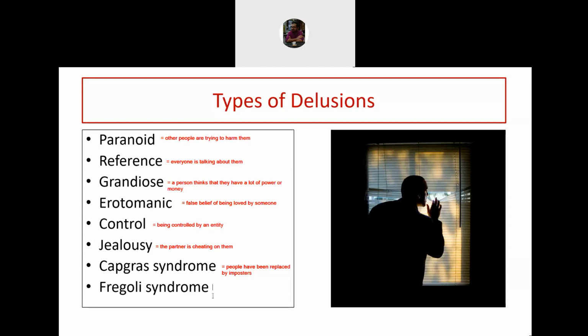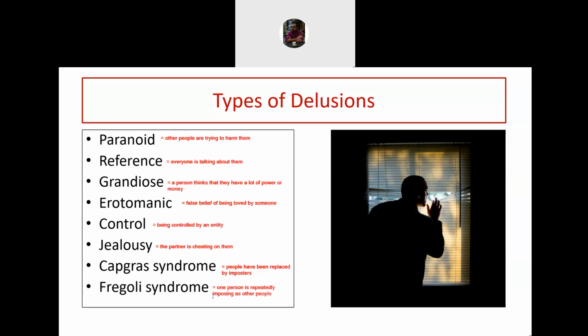So if that really happens, or if the person thinks that such a thing is happening, that is the Fregoli phenomenon. The person thinks that one particular person or a group of people are repeatedly dressing up and imposing like other people and presenting to themselves. That is Fregoli syndrome. So one person or a group of persons is repeatedly imposing as other persons.